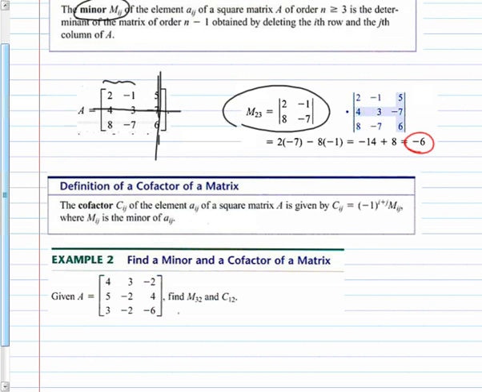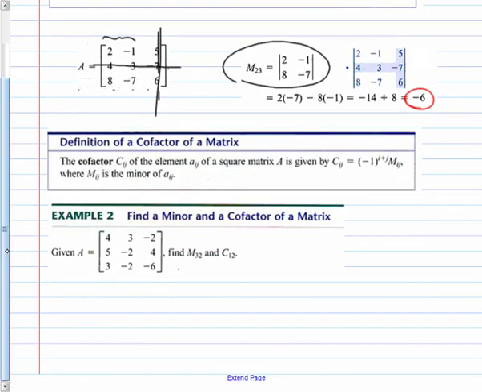So we're going to use some minor determinants, and we are going to use cofactors, which include minor determinants. Here's what a cofactor is. This thing is the minor determinant, M sub i j, some row, some column. Right in front of it, you go negative 1 raised to the power of the sum of the row and column you were on. So up here, we were on row 2 and column 3.